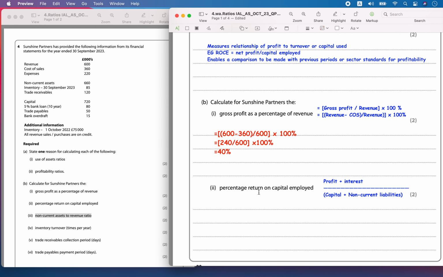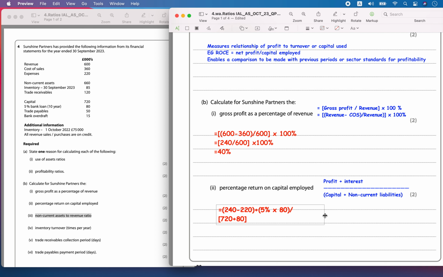Then we have percentage return on capital employed. The formula is profit plus interest divided by capital plus non-current liabilities. Gross profit was 240 minus expenses was 220, divided by, and then plus the interest, the bank loan interest, which is 5% of 80, plus non-current liabilities. The capital is 720,000, plus non-current liability is 80,000.